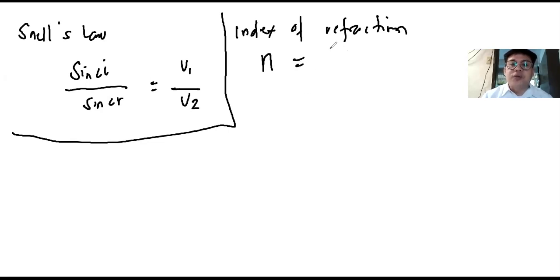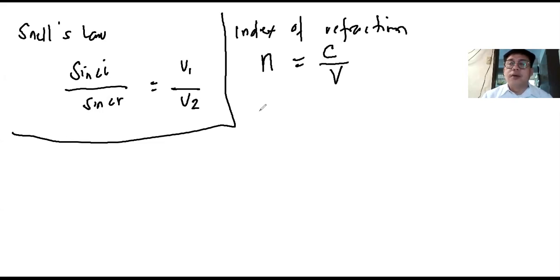It is the ratio of the speed of light in vacuum divided by the speed of light in a certain medium. So index of refraction is related to optical density. Each transparent material has its own constant optical density, measured as the index of refraction.